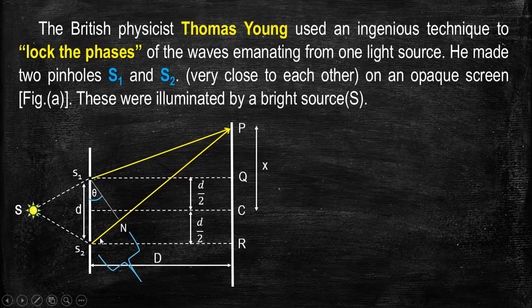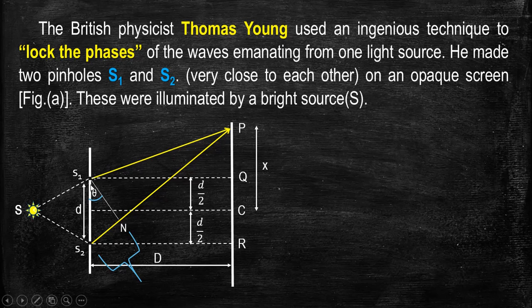This is the difference between these two distances. S1P is one distance, S2P is another distance. These are the two paths through which the light from S1 and S2 travels, and they reach the point P.